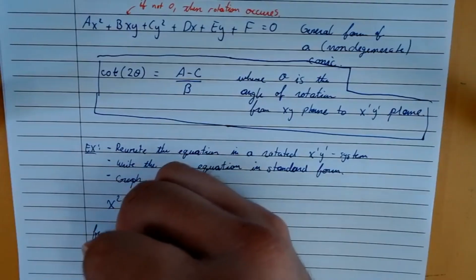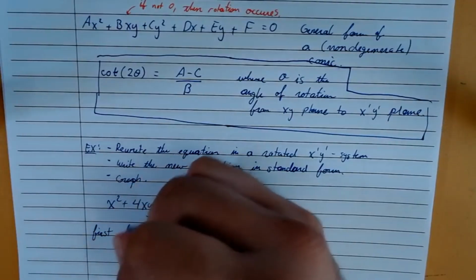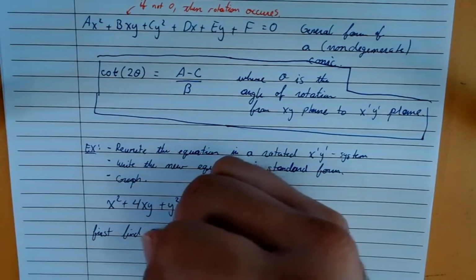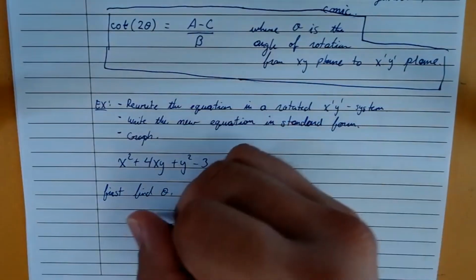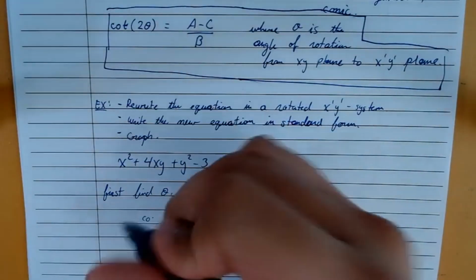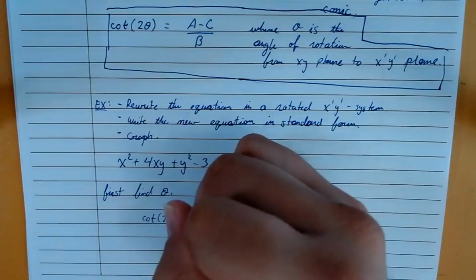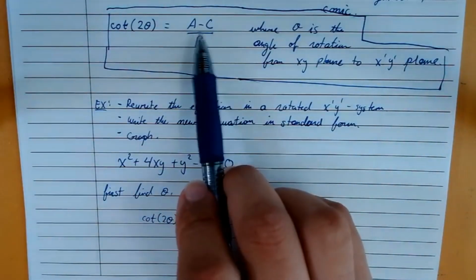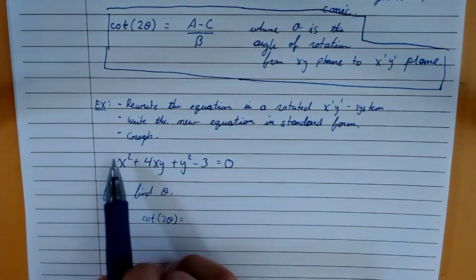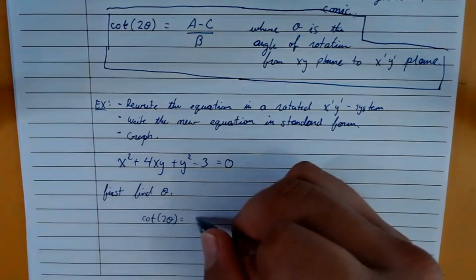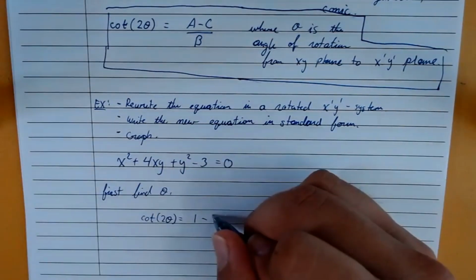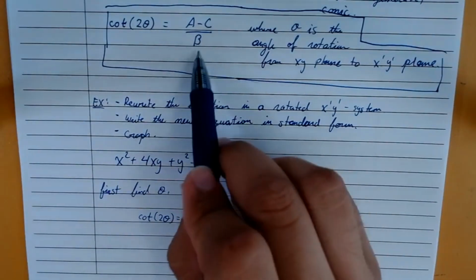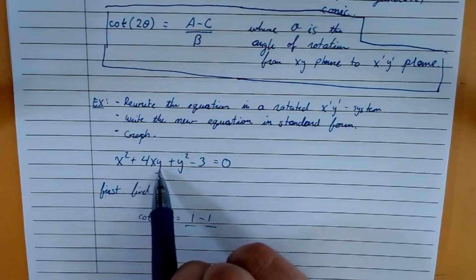So first, let's find the angle theta. To do that, we can say the cotangent of 2 theta is equal to the difference in your a and your c over b. Well, a is the number in front of your x squared, so that's 1, minus c, the number in front of your y squared, which is also 1, over b, the number in front of your xy term, your mixed term.